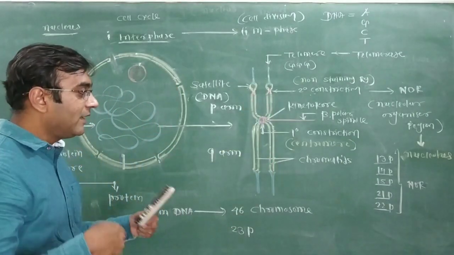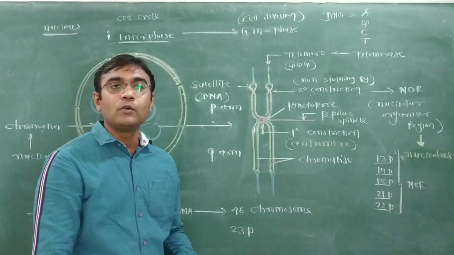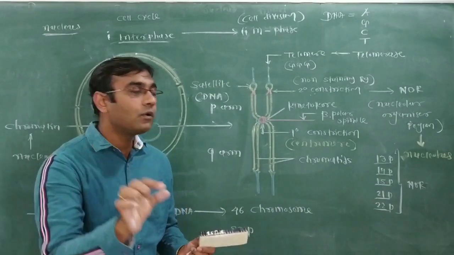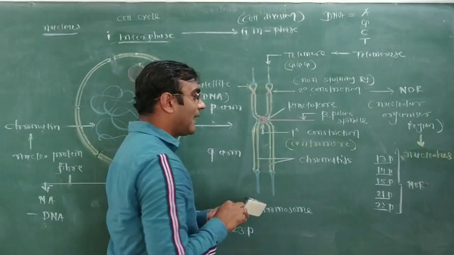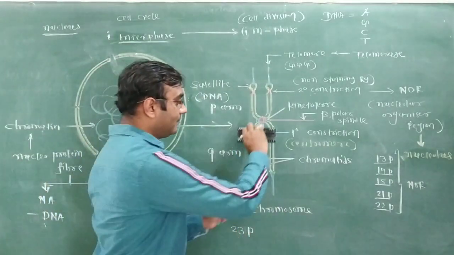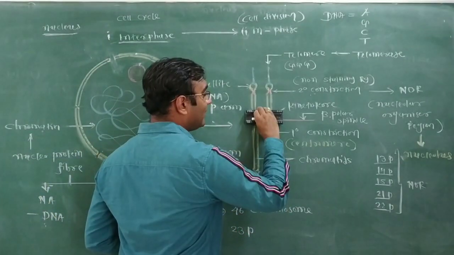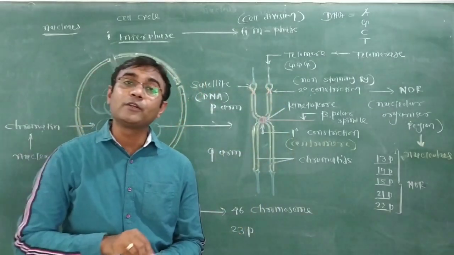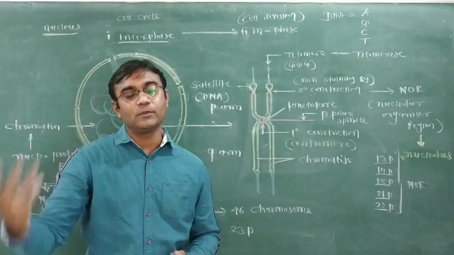Now we are going further into the discussion about the chromosome. Chromosomes divide into 4 types according to where the primary constriction, the centromere, is present: either in the middle, slightly away from the middle, nearest to one end, or at one end.